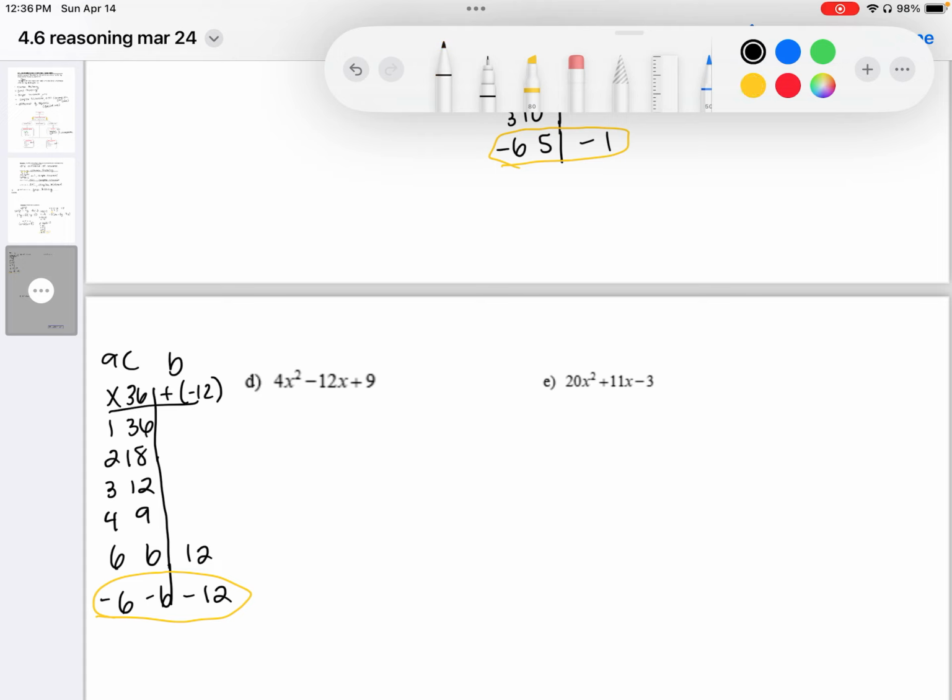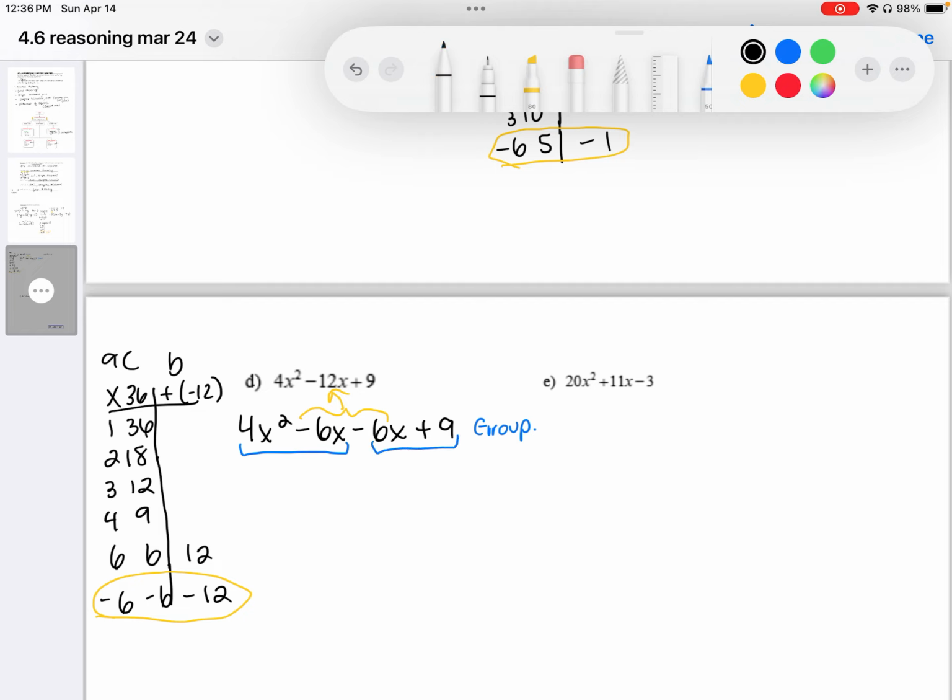So when you do decomposition, we're going to rewrite the B term with the two factors. All I've done is essentially unsimplified it, right? I've expanded it. And now we're going to group factor. So I'm going to do the first two and the second two.